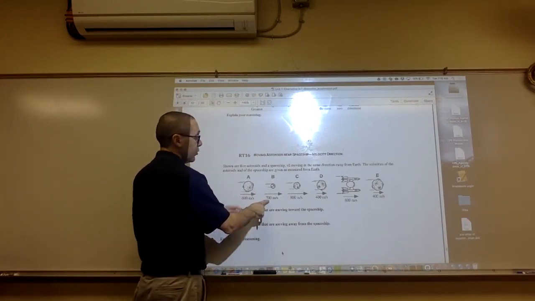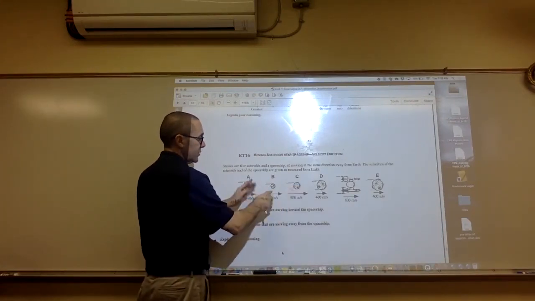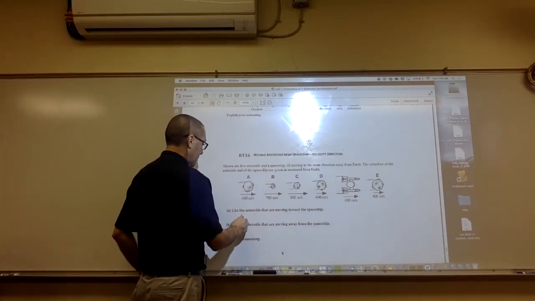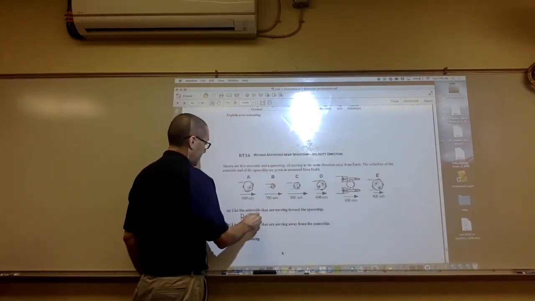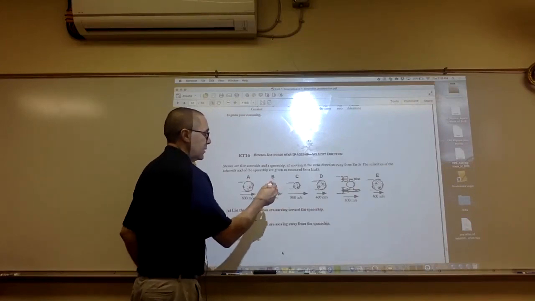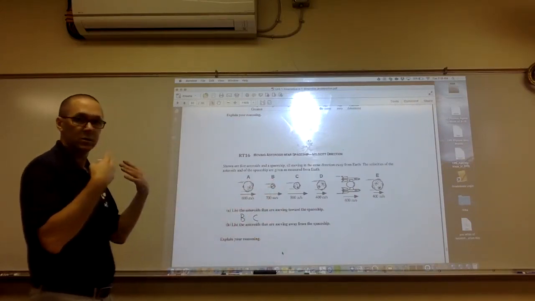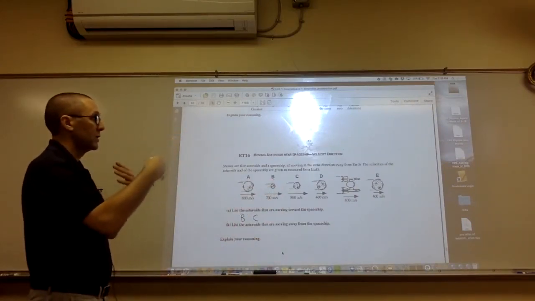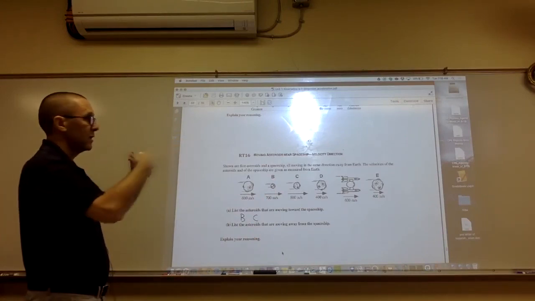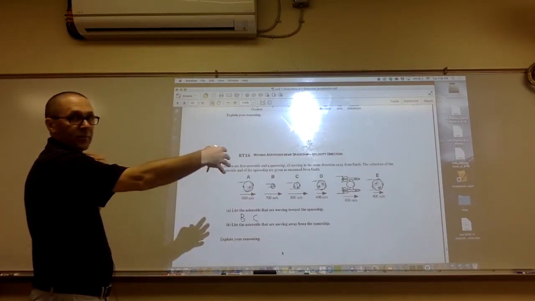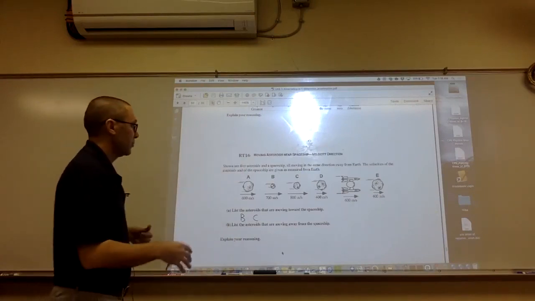This one is approaching the spaceship because it's going faster, so it's going to catch up to it. So it looks like B is one. C for the same reason. D looks like it's going backwards. So the spaceship is going forward, D is going slower, so it's going to look like the distance between them is going to keep increasing. It's going to spread apart.